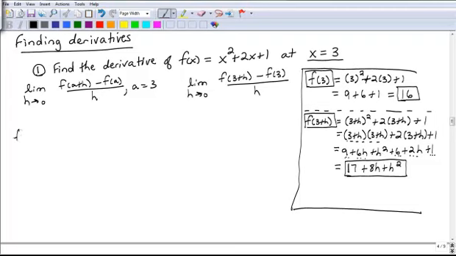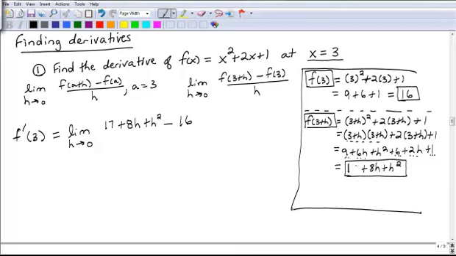So to find the derivative, and this is another way to write the derivative at 3, f prime of 3, that's the limit as h goes to 0. F of 3 plus h is 17 plus 8h plus h squared minus f of 3 is 16. 9 plus 6 plus 1 is 16.